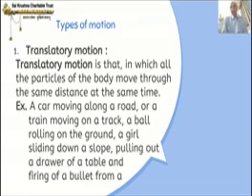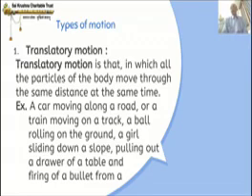Then motion. When do we consider a body to be in a state of motion? A body is said to be in a state of motion when it changes its position with respect to its surroundings as the time changes.